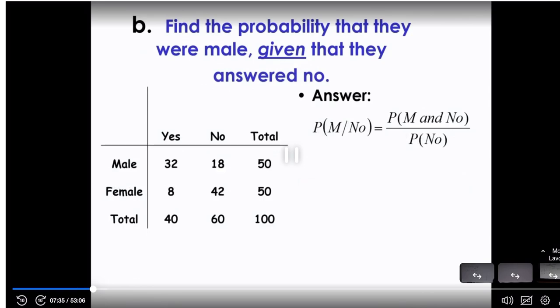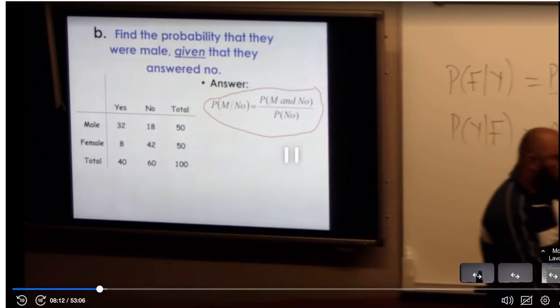Now, another one: find the probability that they were male, given that they answered no. You see the formula? They answered no, and they were male. The moment you see given, the event that they answered no occurred first. And the answer no is what you're going to see here. The one here is the current event of interest, which is conditioned on what occurred first.